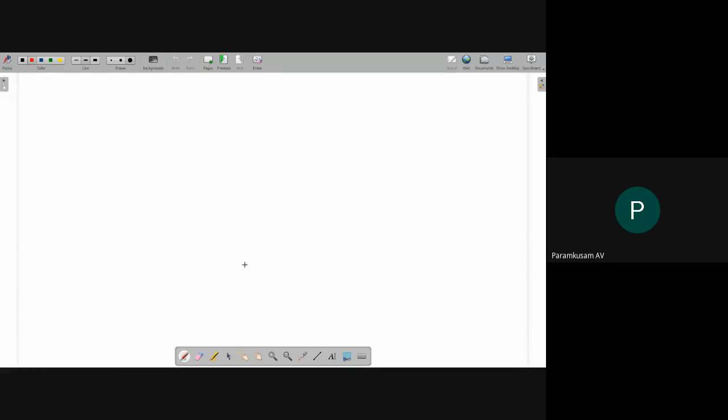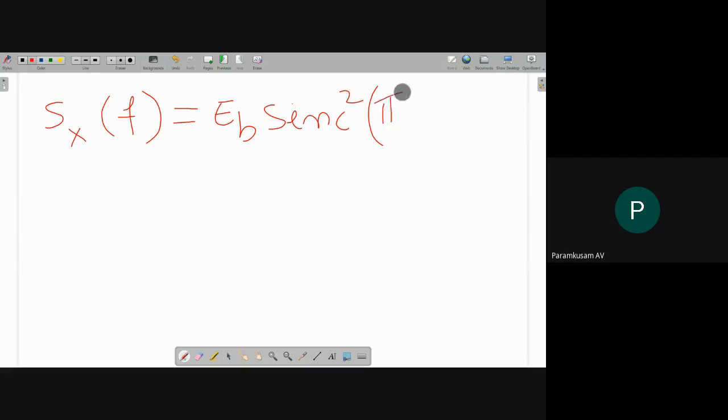The power spectral density of ASK signal x of t is given by S x of f is equal to EB sync square pi f TB.